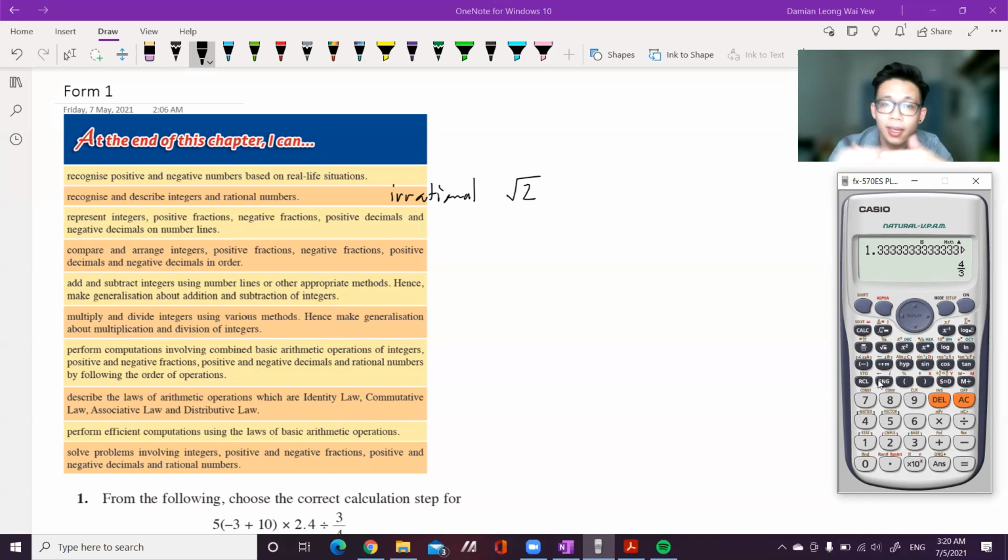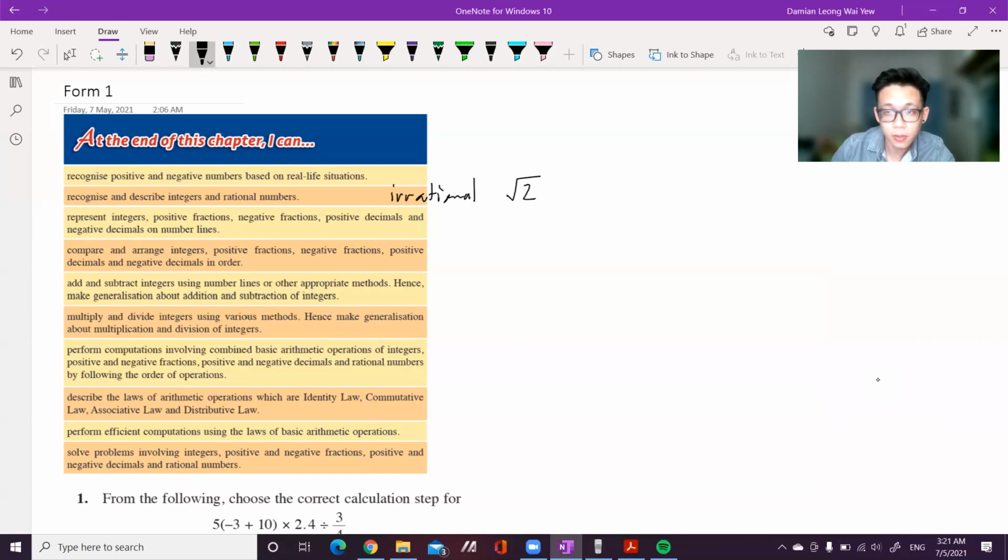The only way I can have an irrational number is if I use roots, which can be square root or cube root, or numbers that involve pi. Pi has never-ending decimals as well, all jumbled up, with no pattern to it. So this is the difference between rational and irrational numbers.